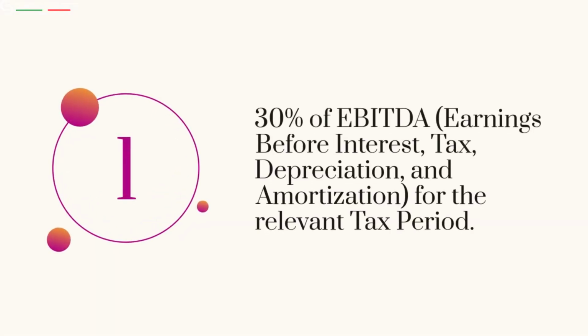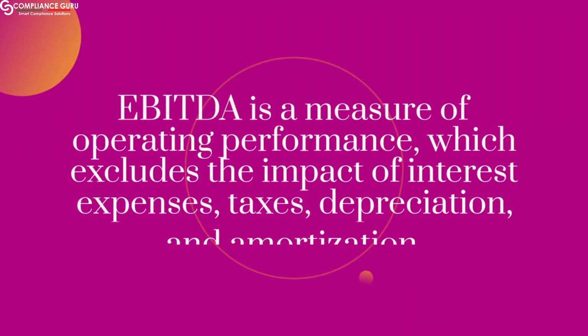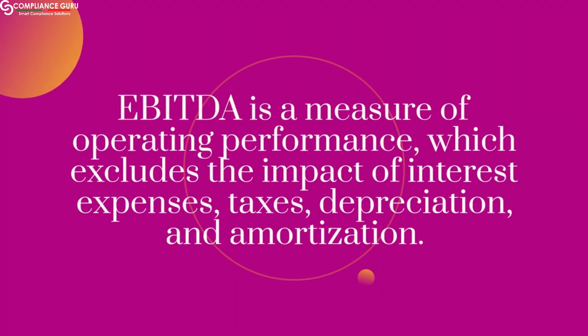1. 130% of EBITDA, earnings before interest, tax, depreciation, and amortization, for the relevant tax period. EBITDA is a measure of operating performance, which excludes the impact of interest expenses, taxes, depreciation, and amortization.